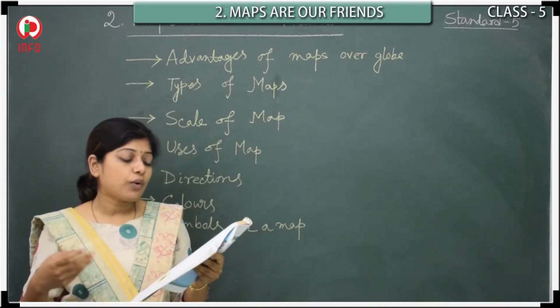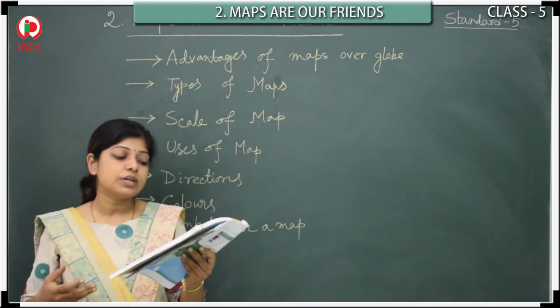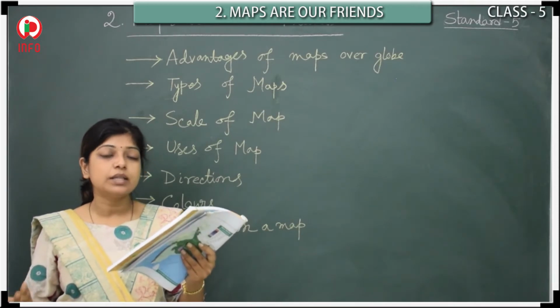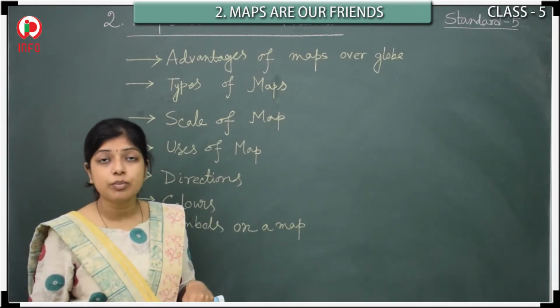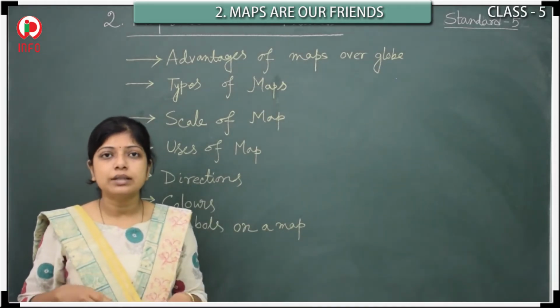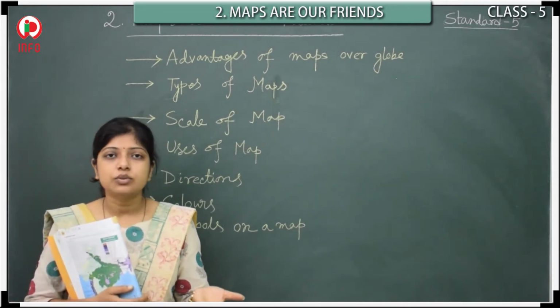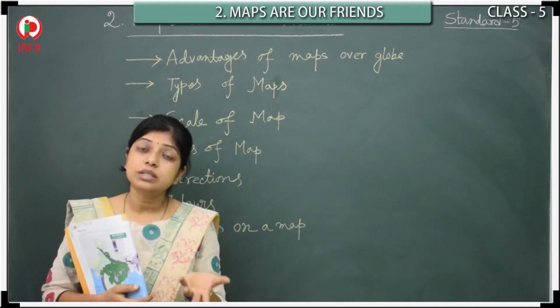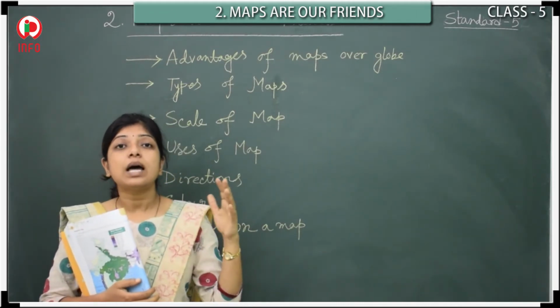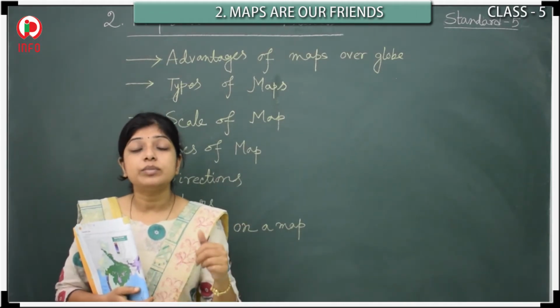Next one, to find out the location of rivers, mountains and other features. Yes, that is also possible. Just now I showed you the Kaveri river. Did you ever go there? I don't think so. I never went, but I know the location of each and every river.